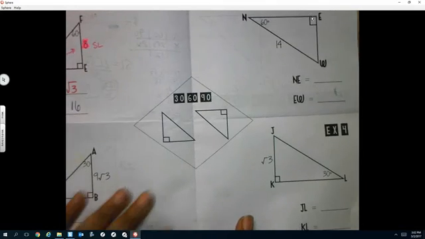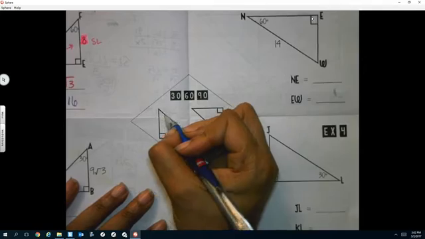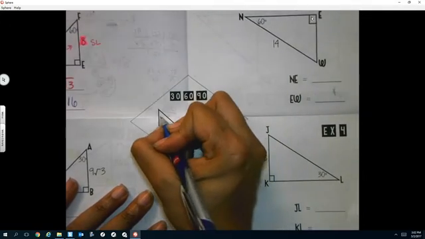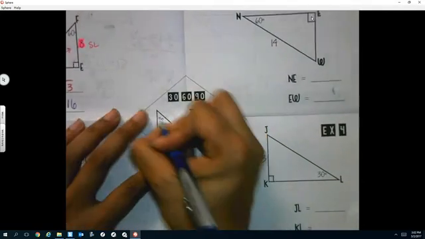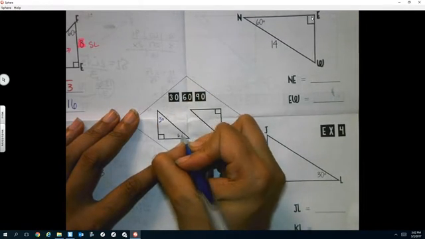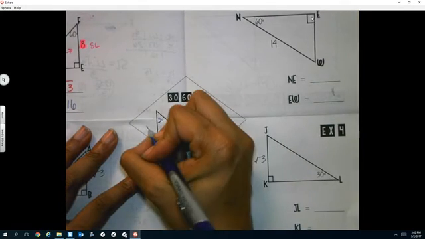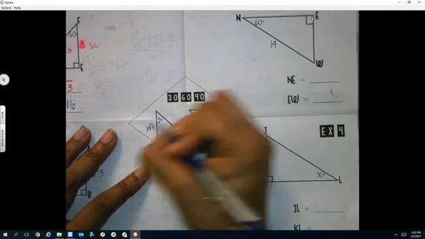So, guys, one thing I want you to make sure you know, we're just going to add this in this example. The short leg is always opposite the 30. So if I put the 30 here, then that means this would be 60. So your formula is going to now be x, x square root of 3, 2x.